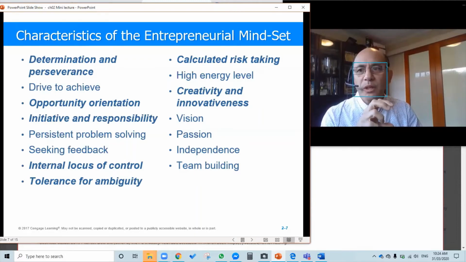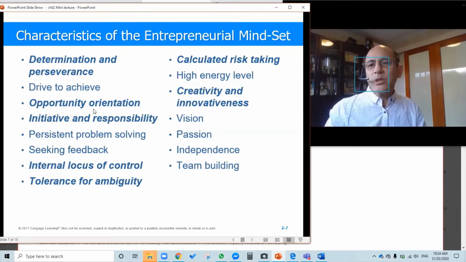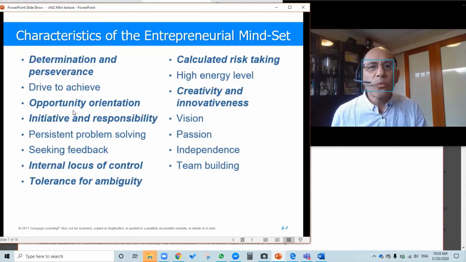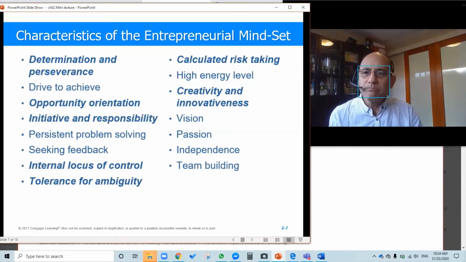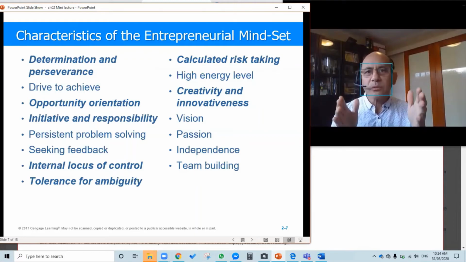Even if you're faced with failure, you're always getting back up and trying again. And you have this orientation for opportunity. In other words, you're looking at different ways you could improve your business, and looking at, oh, what if I do this? There are no rules that keep you in a box when you're an entrepreneur.